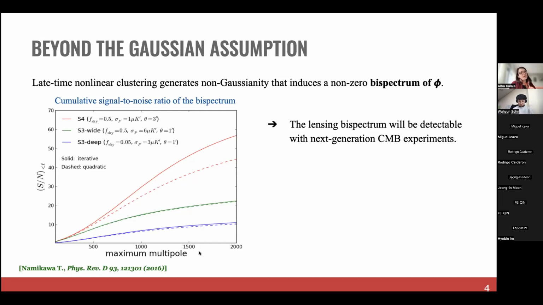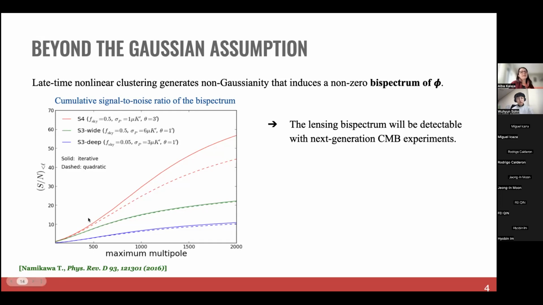On the left, I'm showing the cumulative signal-to-noise ratio of the bispectrum, taken again from this paper, as a function of the maximum multipole that we can observe. They consider three different types of experiments: stage 3, deep and wide, that have different specifications, but these are experiments like ACT, Simons Array, or Simons Observatory, and stage 4 like CMB-S4.